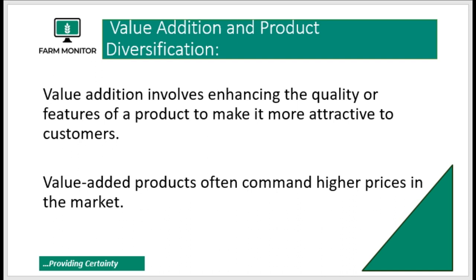Adding value to agricultural products can significantly increase profitability for the cooperative group. Value-added products often command higher prices in the market.